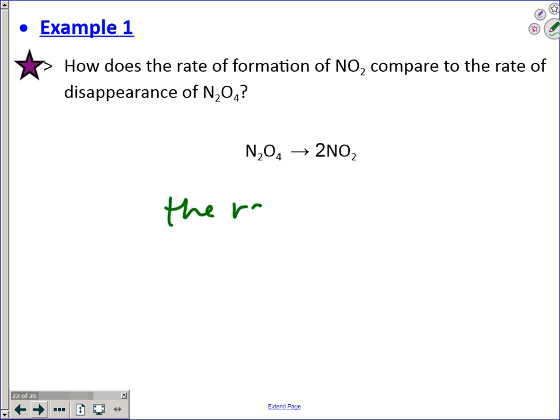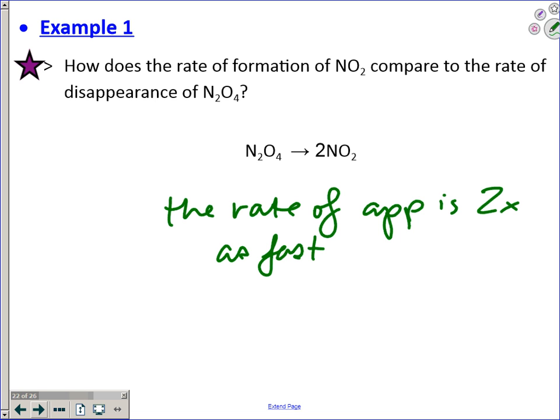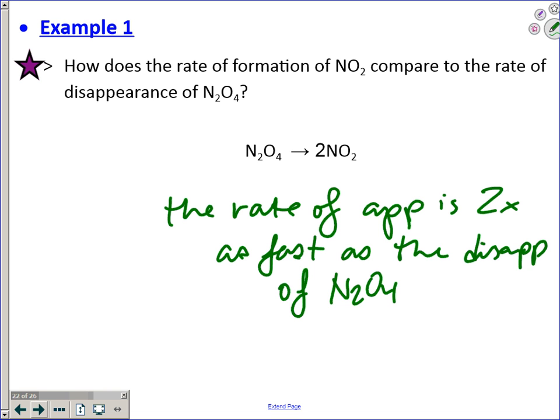The rate of appearance is 2 times as fast as the disappearance of dinitrogen tetroxide.